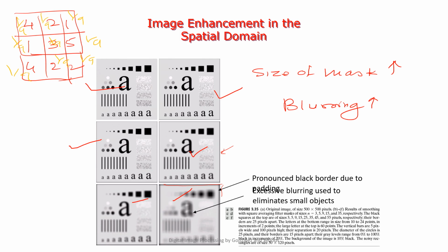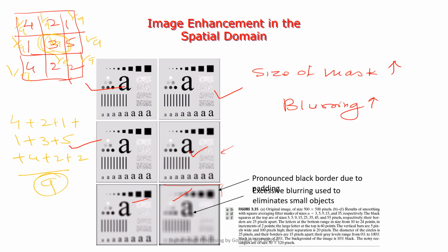So what will be the value at the center? 4 plus 2 plus 1 plus 1 plus 3 plus 5 plus 4 plus 2 plus 2, divided by 9.